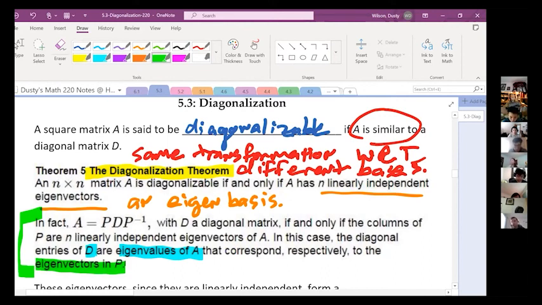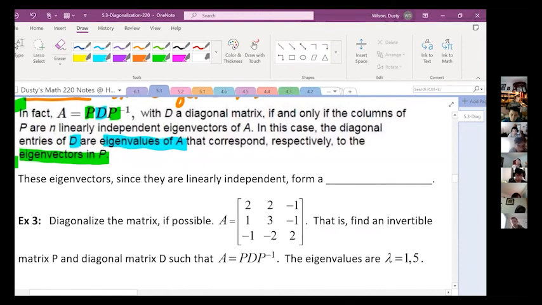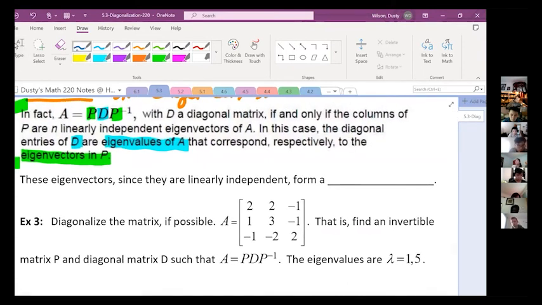I think we'll see an example of this in just a moment. Questions so far? These eigenvectors, since they are linearly independent, form a basis for R^n.